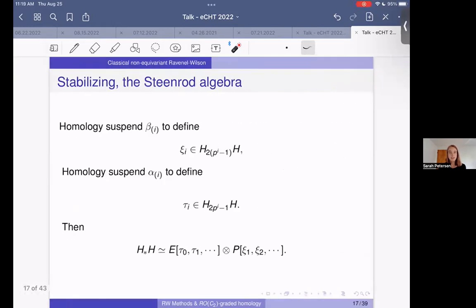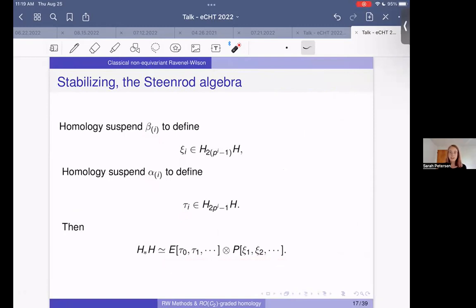And then this unstable answer can also be stabilized to the dual Steenrod algebra. So the beta i's can be suspended to define the C i's, and the alpha parentheses i's to define tau i's, which leads to the dual Steenrod algebra.